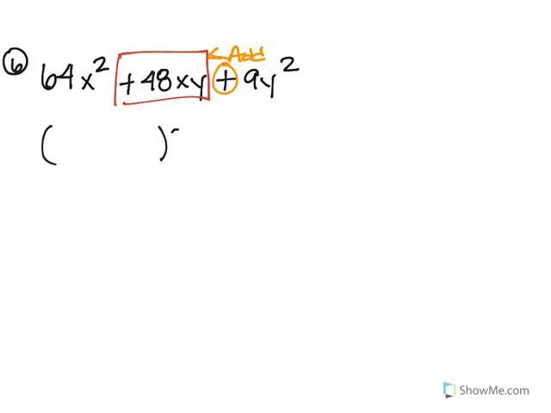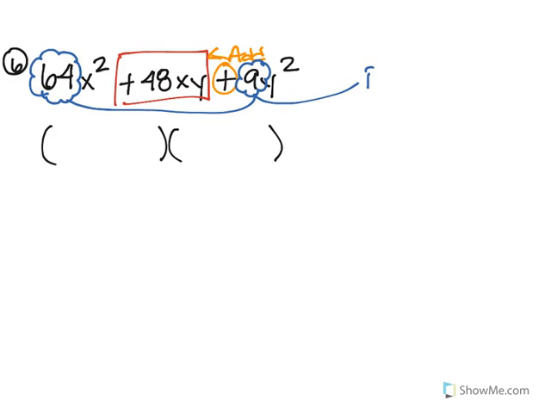Now there's a lot of factors you probably think of for 64. And I want you to look at something that we didn't really mention in class, but 64 and 9 are both perfect squares.